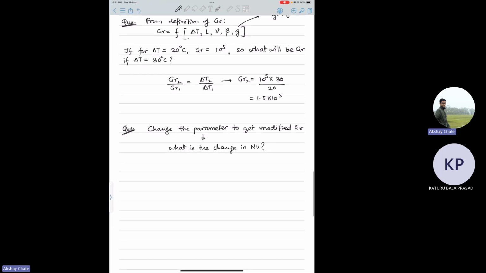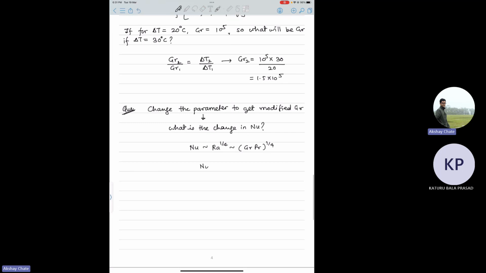If it is a laminar flow, the Nusselt number scales as Rayleigh to the power 1/4 typically. Prandtl number we don't consider because it's typically constant, so it is Gr to the power 1/4. So Nusselt number typically scales as Grashof number to the power 1/4 in laminar flow over a flat plate.